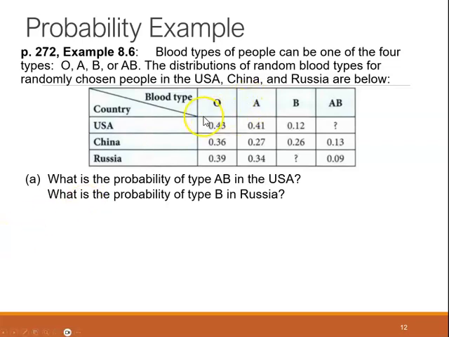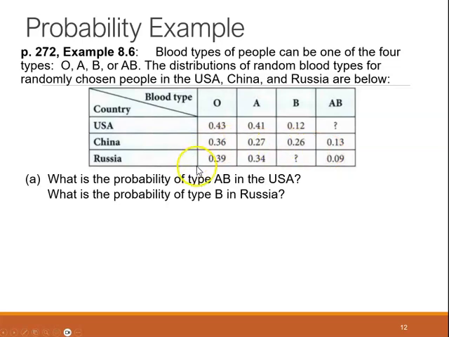Well, what should the probabilities add to in the US? Should add to 1, right? So if I just take 1 minus 0.43 minus 0.41 minus 0.12, 0.04 should be my probability for AB.